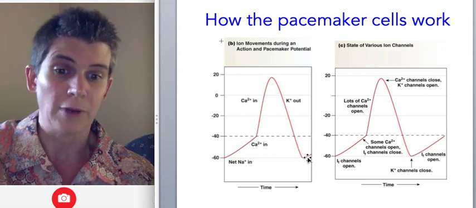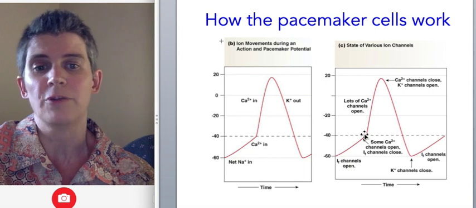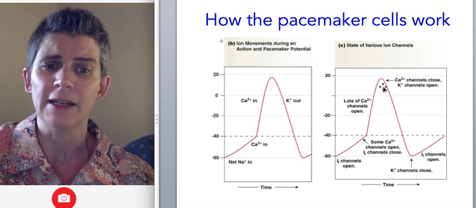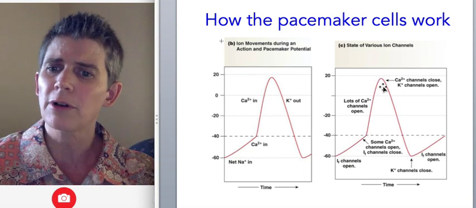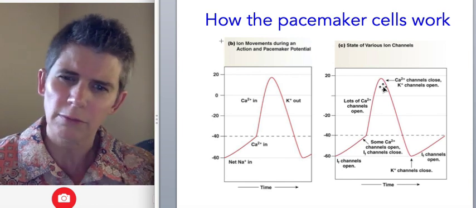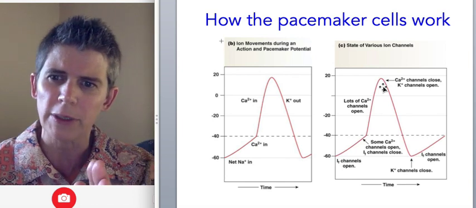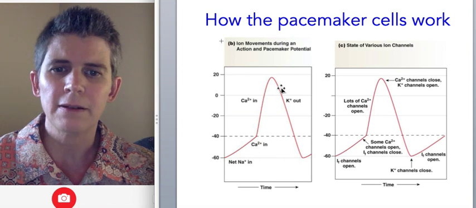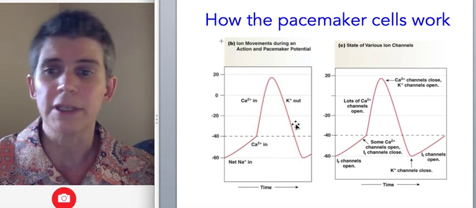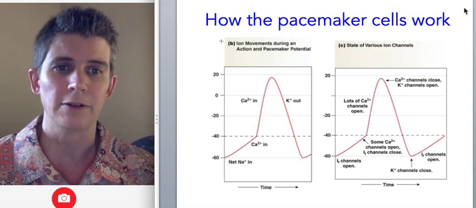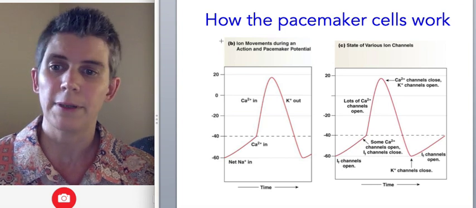But it doesn't rest, right? It depolarizes gradually again, and then has an action potential. So this is your heartbeat. Slow depolarization, that's that time between beats, and then the depolarization, which produces the muscle contraction that is your heartbeat.